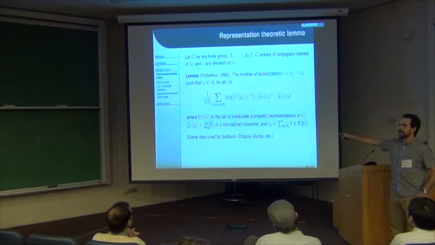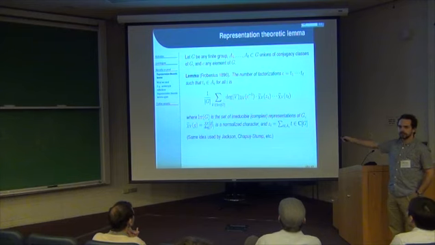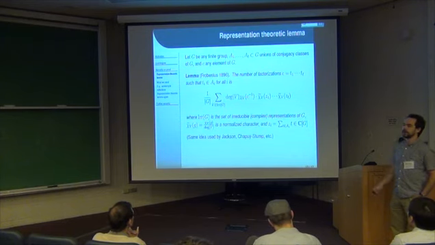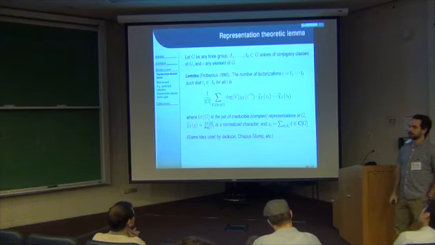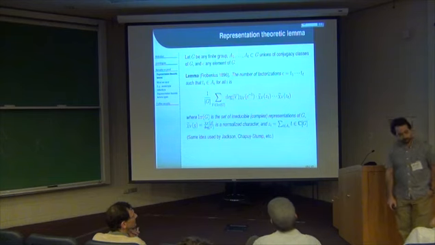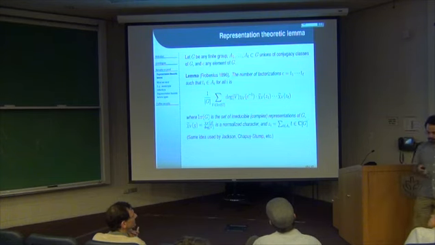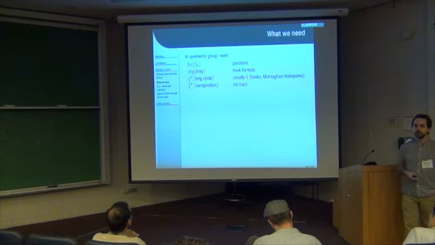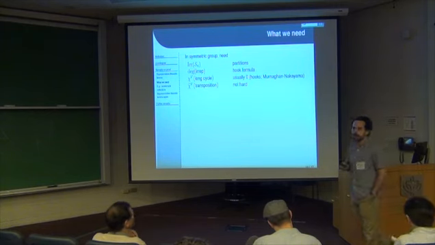And this is exactly how Jackson got his formula, and this is how, for example, Chapuis and Stumpf do it in the case of the complex reflection groups. Okay, so if you wanted to do what Jackson did and do this for Sn, what would you need?